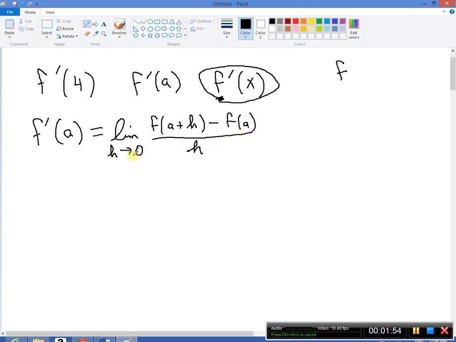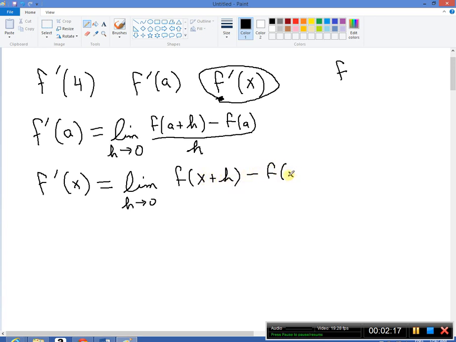Now, that's the definition. We're familiar with that. But what if I just replace a by x? That's legal. So if I do that, let's see what changes. The limit as h goes to 0 of f of x plus h, minus f of x, all divided by h.